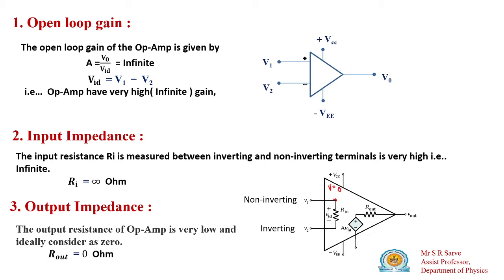Okay, so this is known as the virtual ground terminal. Why does it act as a virtual ground? Because your input resistance is very high. Very high means we will take it as infinite ohm. So due to that, this terminal acts as a virtual ground.